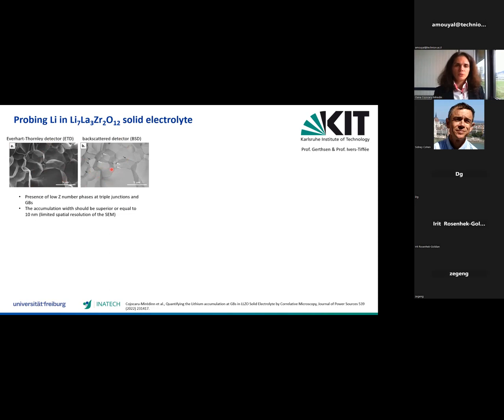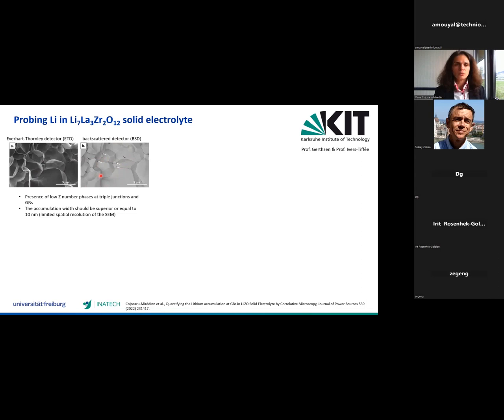And what we saw by using the backscatter detector is that we have, at the grain boundary position and specifically at the triple points, really dark regions. And we know that a change in the contrast with the backscatter detector also means a change in composition.